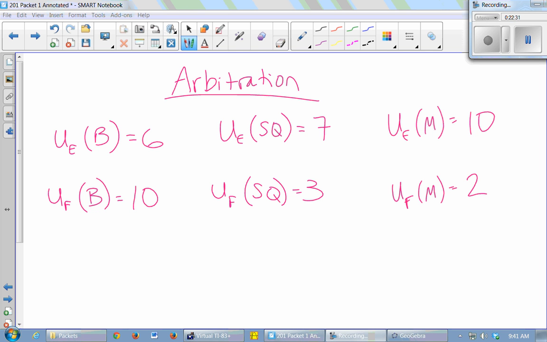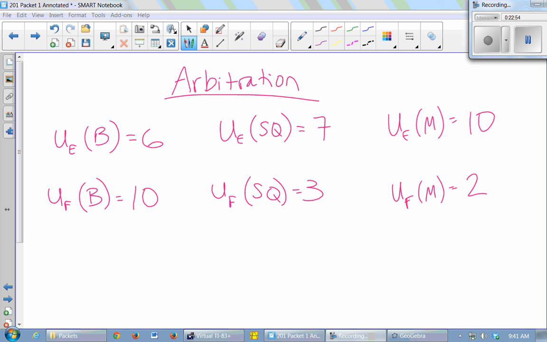So she could double them, she could halve them, she could add or subtract something from them, and it would be equivalent. Okay? They would be equivalent because the ratio of how she feels about the mountains to staying home to how she feels about staying home to going to the beach would be the same, right? So the difference between 10 and 7 is 3, and the difference between 7 and 6 is 1.